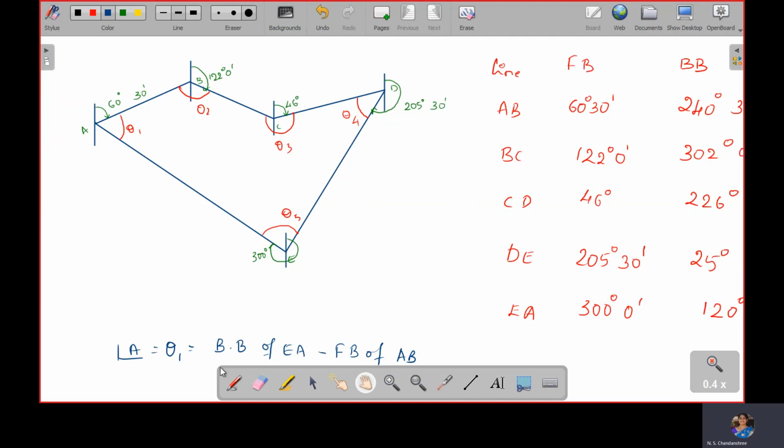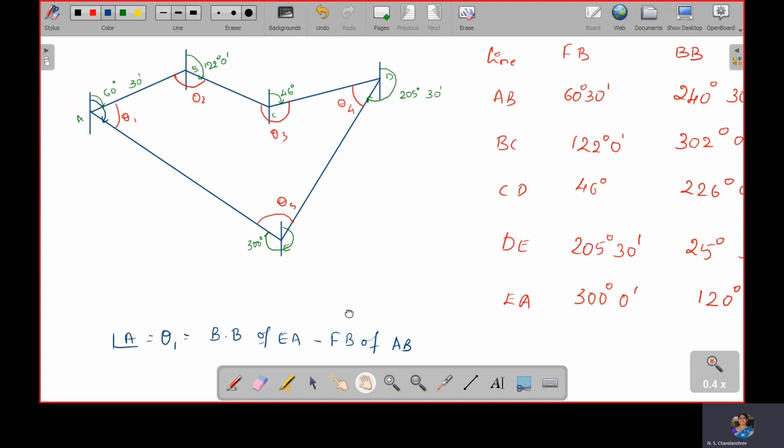Back bearing of EA is this, right? So the angle that is marked in blue, from that you are subtracting the angle that is marked in green. When we do that, we'll get the angle theta 1.